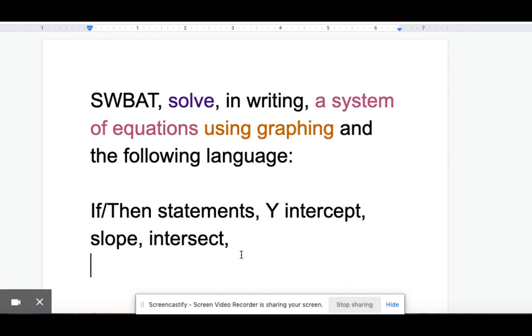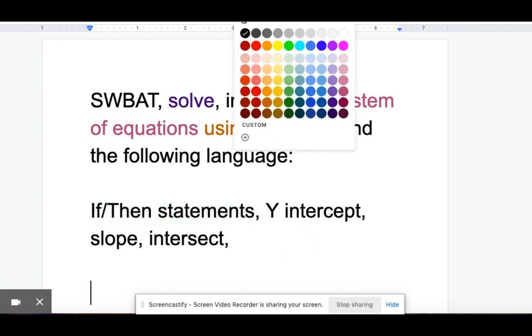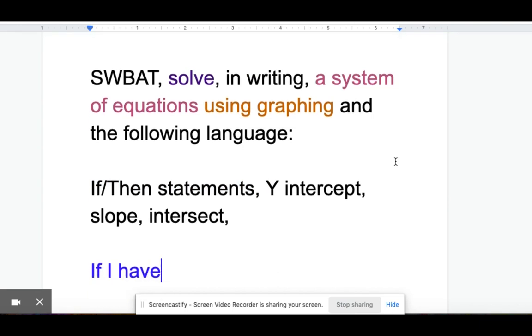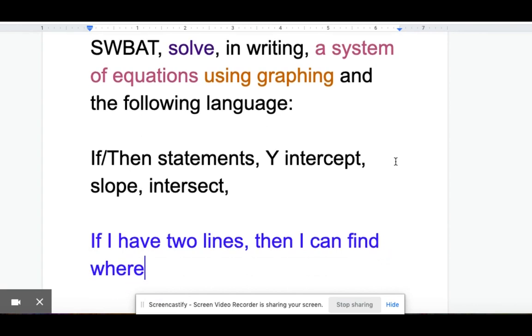So now you're going to try to tell me what you learned how to do in this lesson. However, your goal is to use the vocabulary words as well as if-then statements. So, for example, to start you off, I might say, if I have two lines, then I can find where they intersect by graphing them.